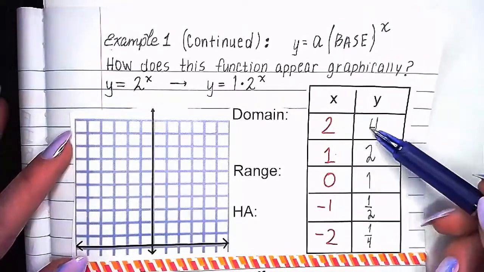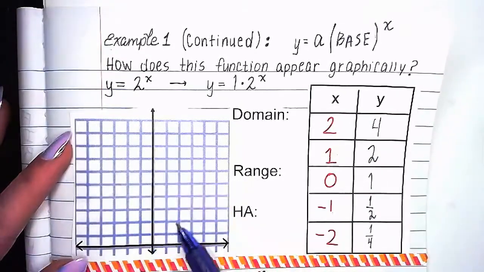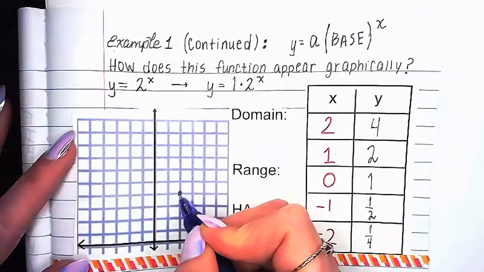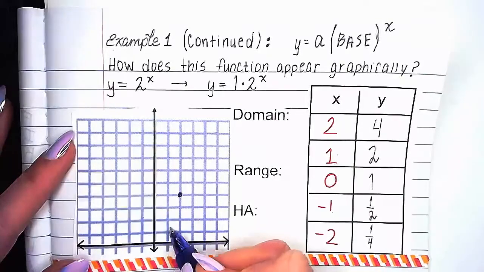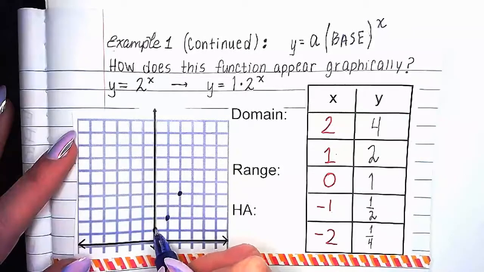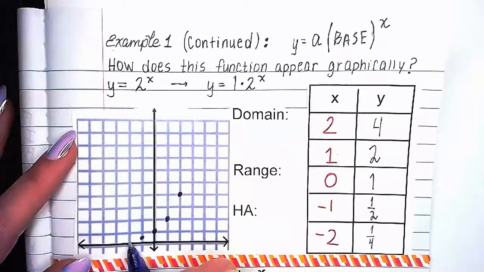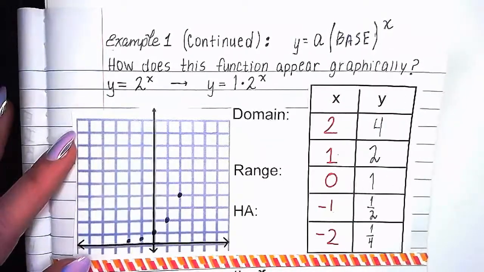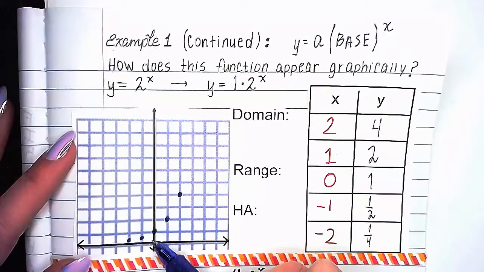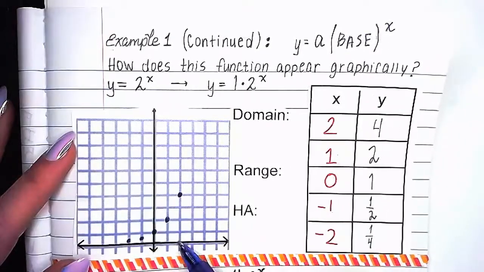Now, I'm going to take these values, which are really input-output pairs or ordered pairs, and I'm going to plot them right on here. Over 2, up 4, over 1, up 2, move over 0, up 1, left 1, up 1/2, left 2, up 1/4. If we look from when we learned how to graph parent functions, you'll see that this is 1 unit above my x-axis here.